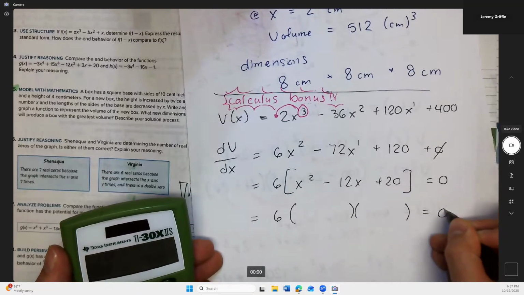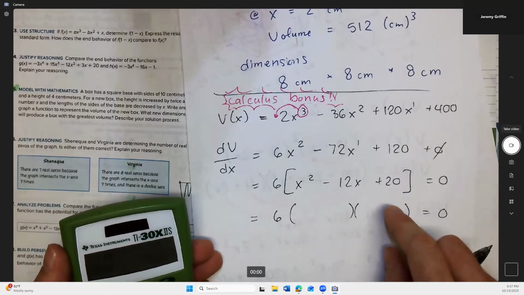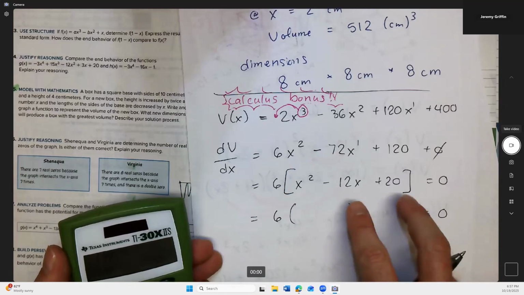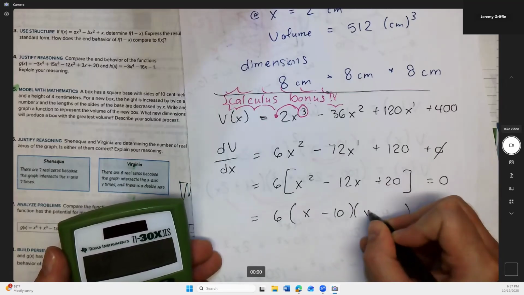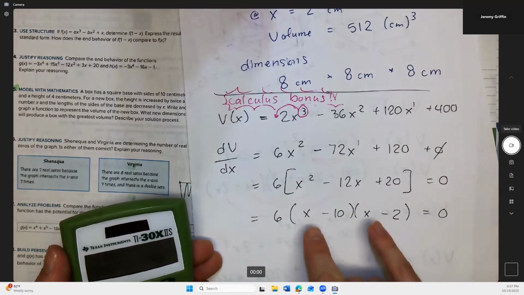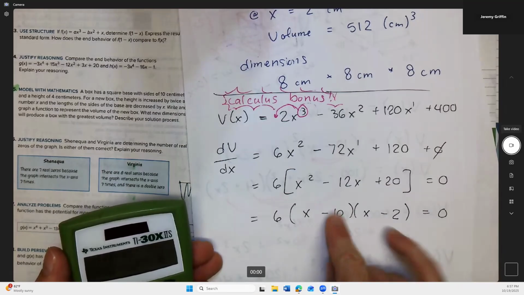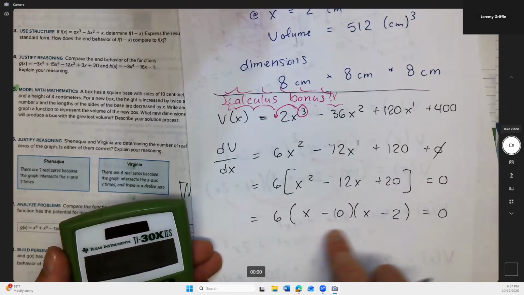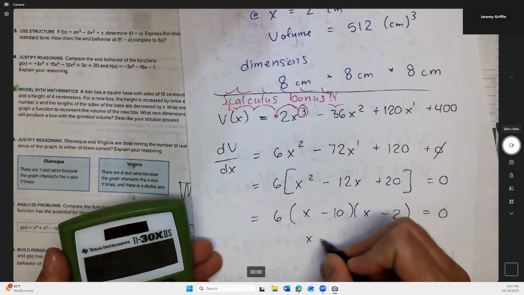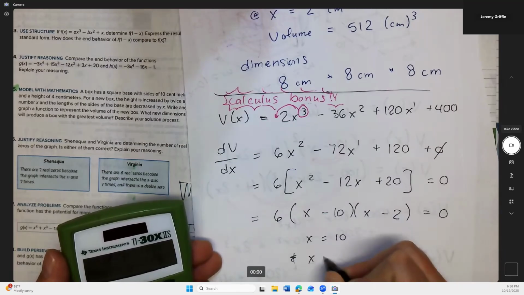There are two numbers that multiply to 20 and add to negative 12. How about negative 10, negative 2? So x minus 10, x minus 2, right? First, outside, inside, last. Okay, so this rate of change could go to 0 at x equals 10 and also x equals 2.